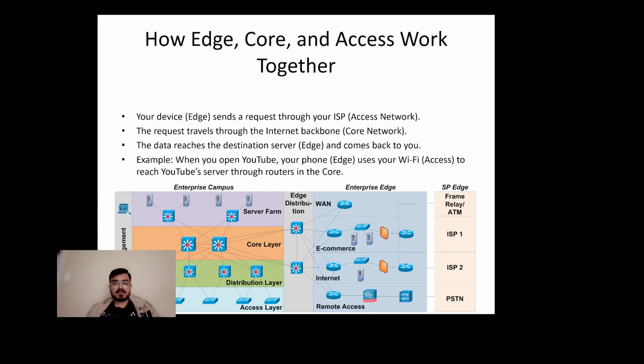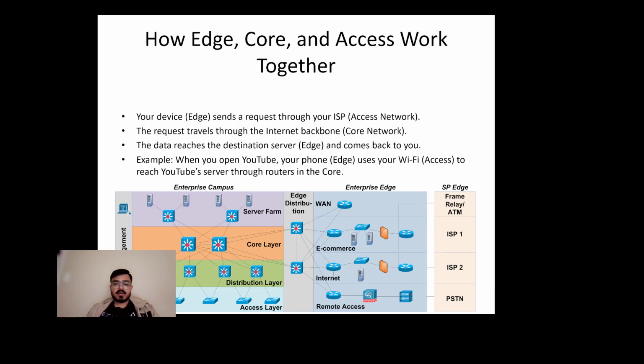Let's talk about how edge, access, and core work together. So let's see how everything connects. First, you, the user, are at the edge, your laptop or phone. Second, you connect to your Wi-Fi or mobile data, that's your access network.